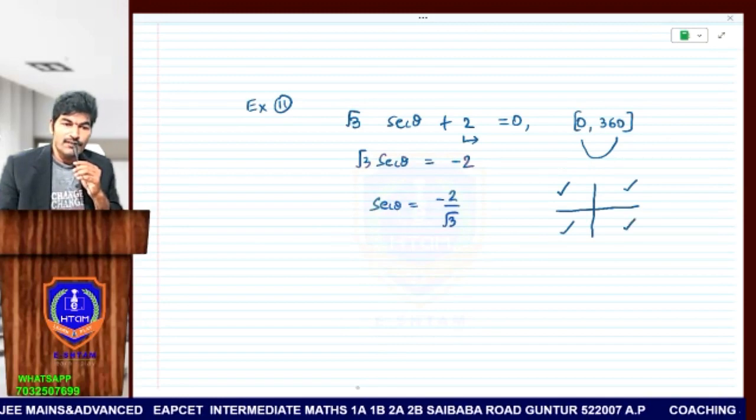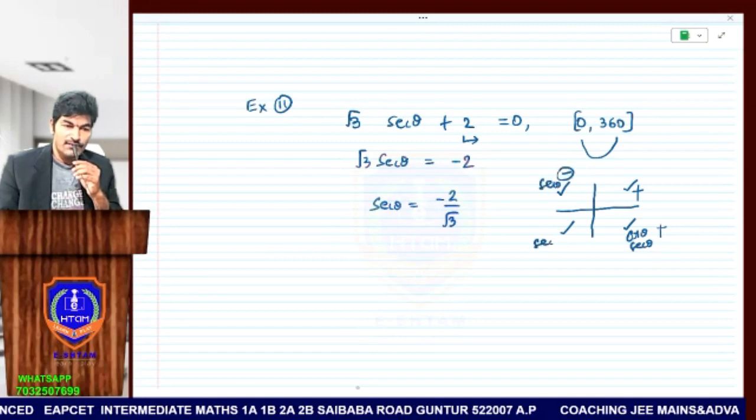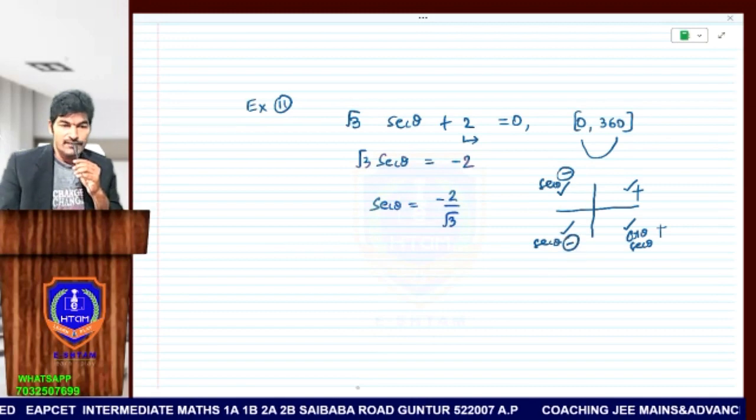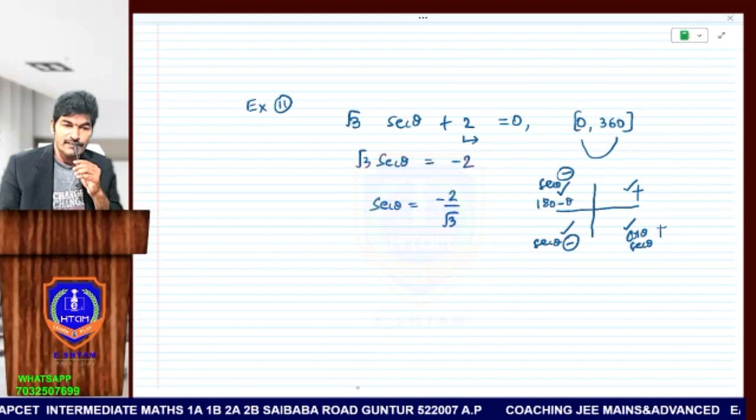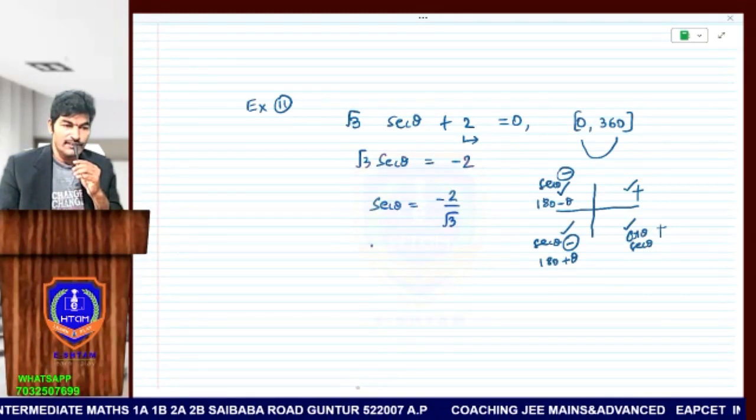In the fourth quadrant, cos and secant are positive. Here, secant is negative. And in this quadrant also, secant is negative. So we have to write the angles as 180 minus theta and 180 plus theta. Now you have to identify the particular theta.